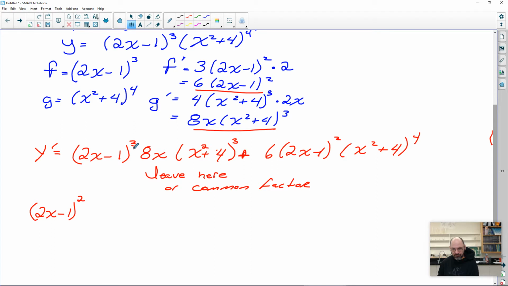And we have a common factor of 2 with the 8 and 2 with the 6. So let's put a 2 out front. We common factored that and that. Now we've got 3 of them here and 4 of them here, so we can take 3 of them out. Okay, so we can take this out front.